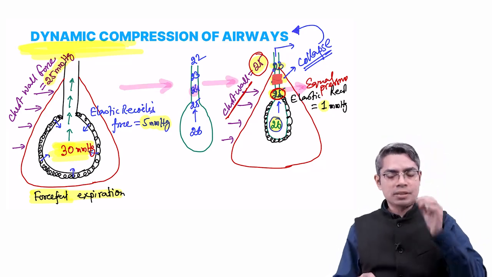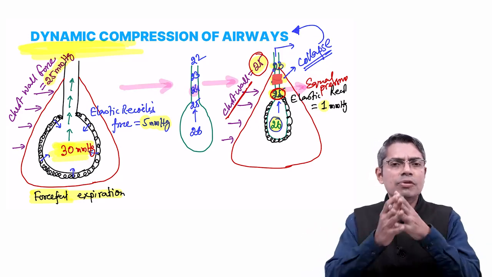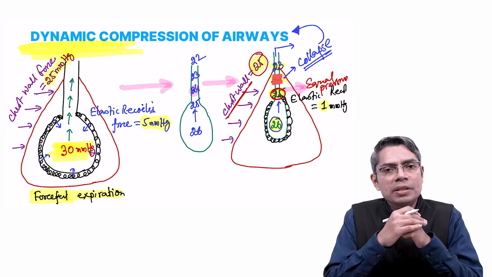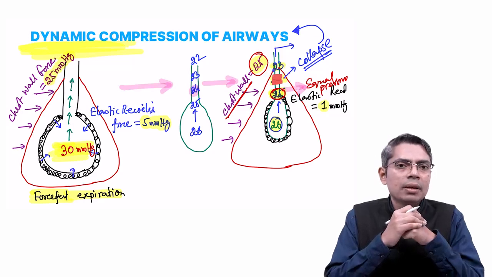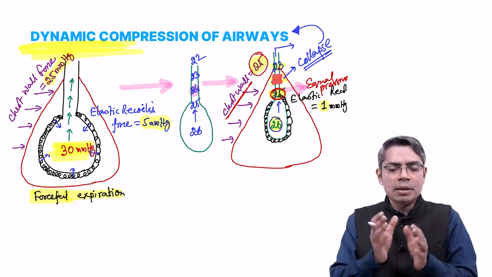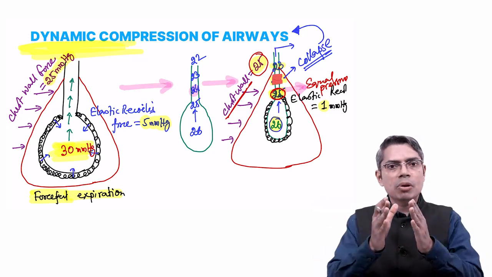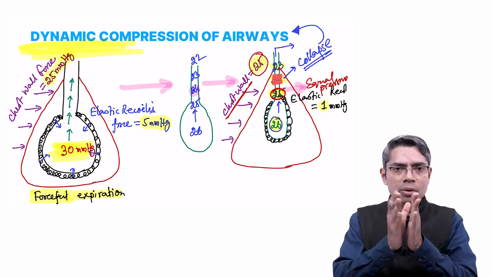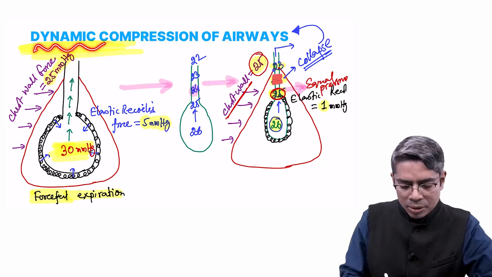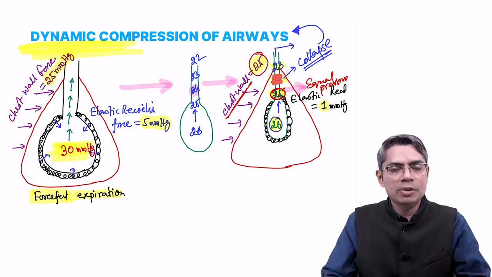Okay, so try to understand. Previously we have discussed that if you go on forcefully compressing your lung more and more, ultimately a point will be reached where the alveoli are still open, but the bronchioles are closed off. This constant compression and ultimate closure of the bronchioles is known as dynamic compression of airways. So there is constant compression of the airways during forceful expiration.